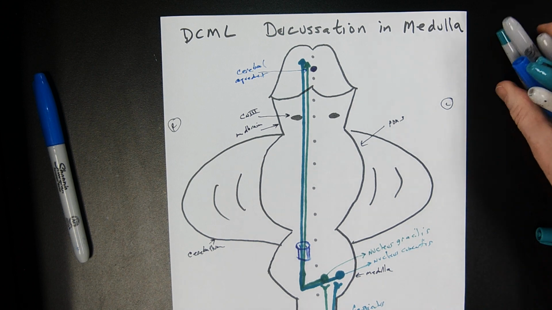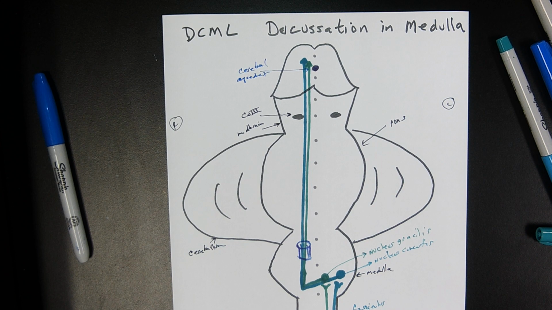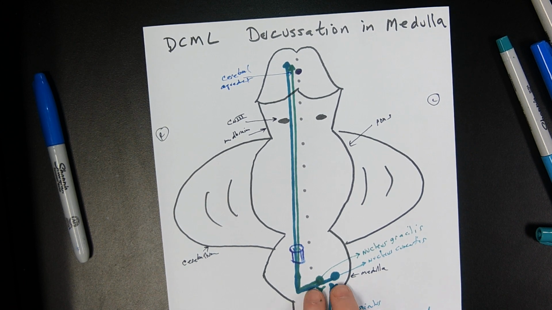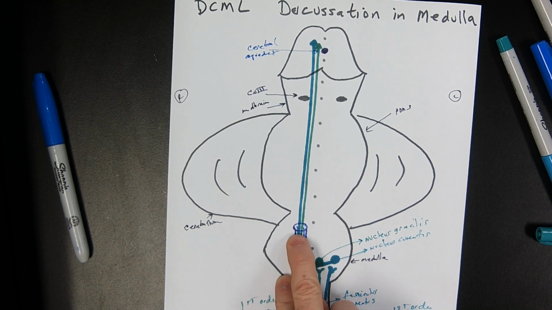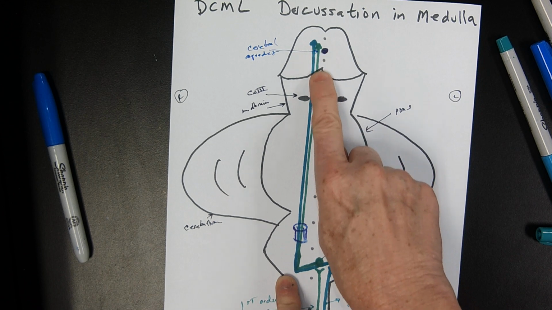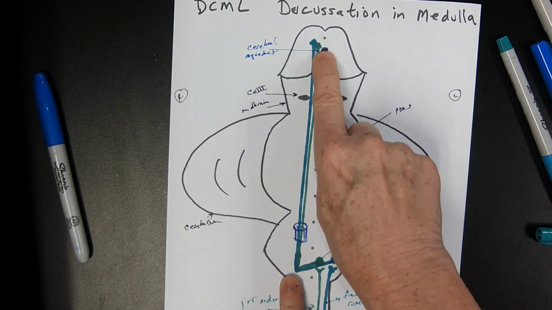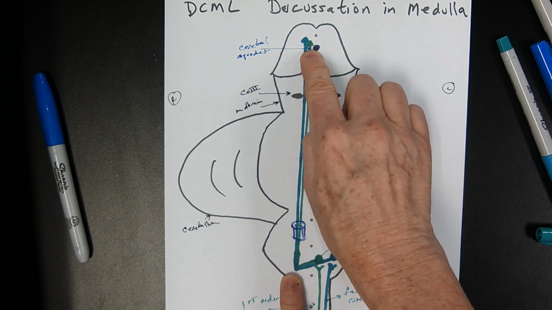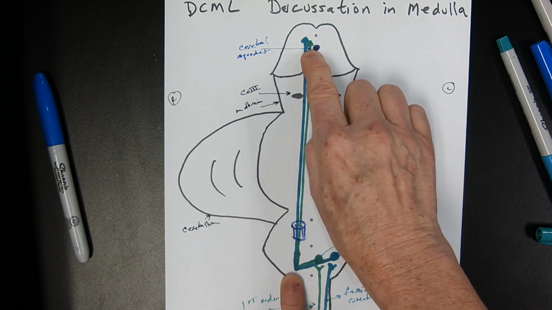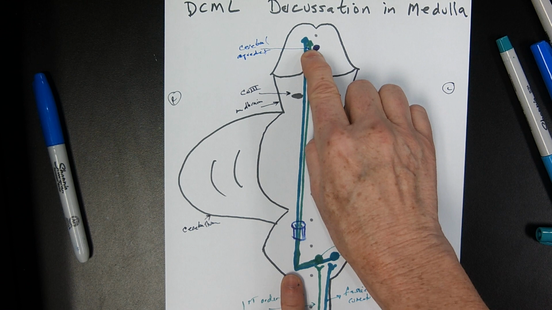Now the point is you've gone from the fasciculus gracilis and cuneatus synapsing with their respective nuclei, and then they decussate here, and then they travel up as one tract. So there's no more two tracts. You become one tract. So you went from the dorsal columns to one tract going up through the brainstem. Any guesses as to what that tract is called?